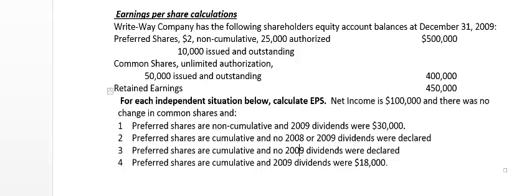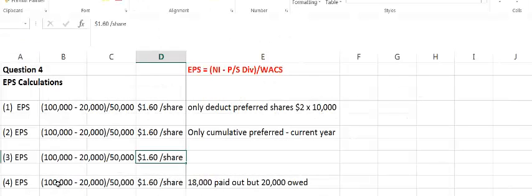But don't forget, when the preferred shares are cumulative, you deduct the current year's entitlement whether declared or not. So all this is telling me is that $2,000 of the $20,000 wasn't declared because they only declared 18, but too bad. You deduct the full year's entitlement when they're cumulative. So again, we deduct $20,000 here, so we get $1.60 a share, right?